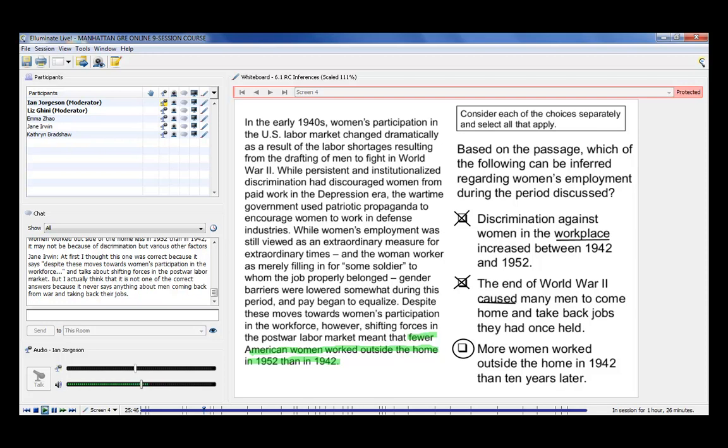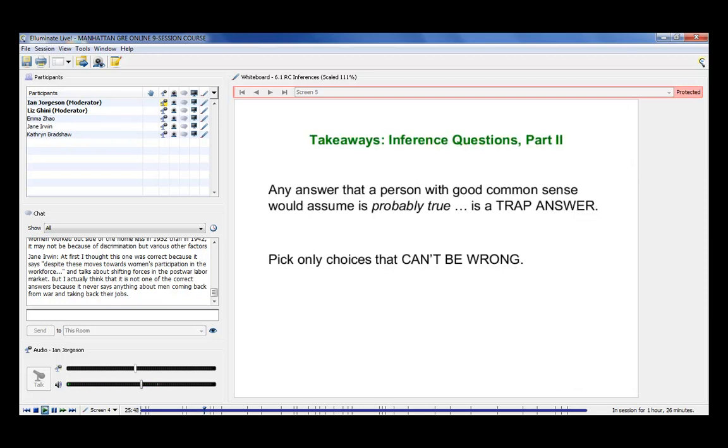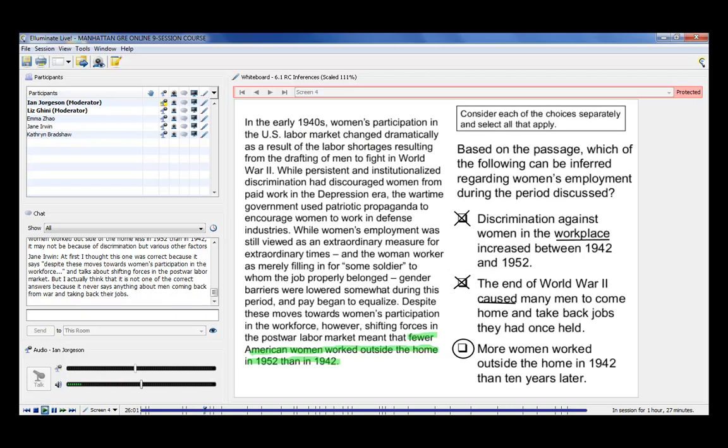Okay, so our next takeaway here is that on these inference questions, oftentimes the answer that someone would assume is probably true is a trap answer. So in our example here, the second one, cause many men to come back home and take back jobs they had once held. That makes a lot of sense.